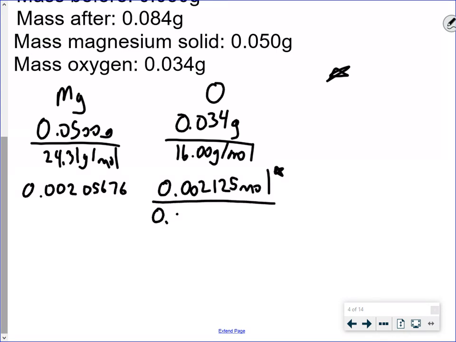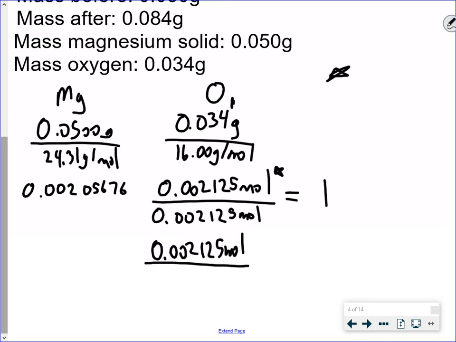Now the next step is I find the biggest moles and divide it by itself. I get 1, so that means in the formula there's 1 oxygen. Then I take the biggest moles and divide it by the other substance. And guess what I get? 1.03, which works out to 1.